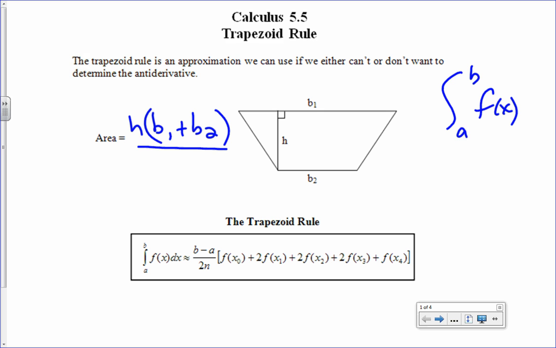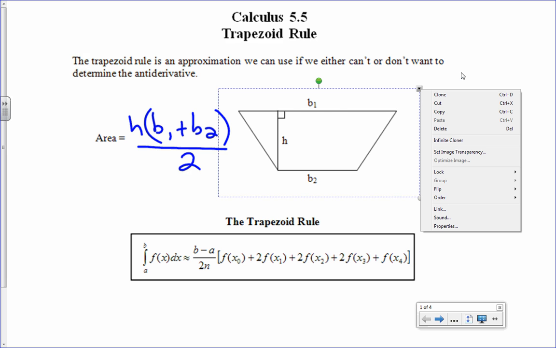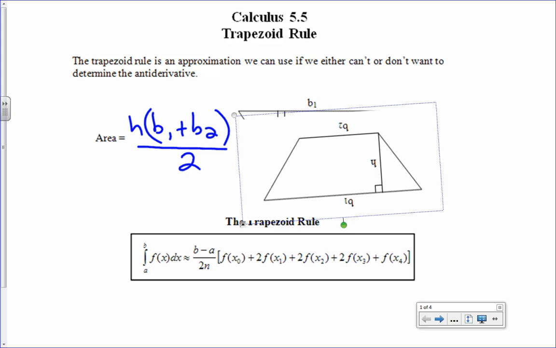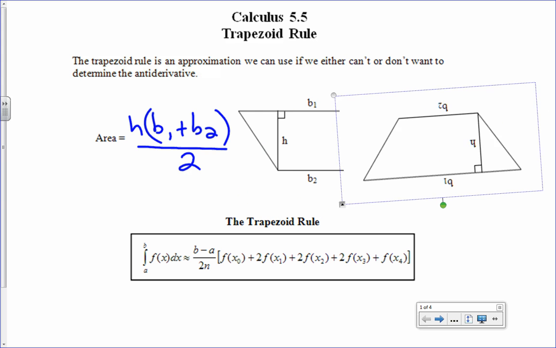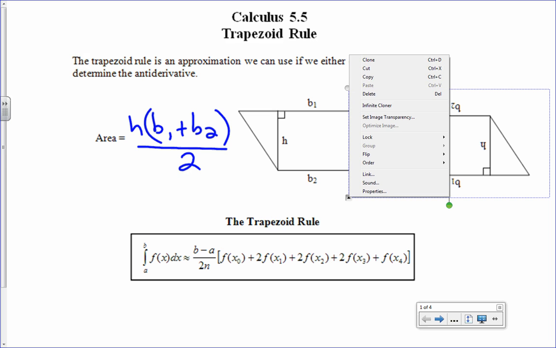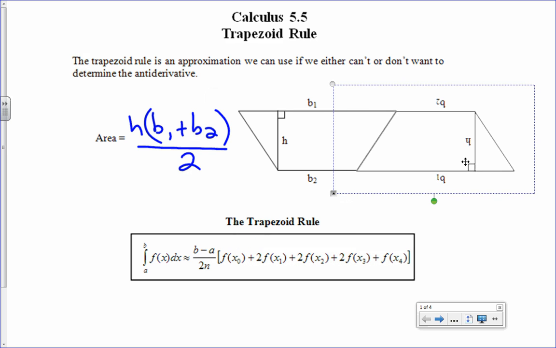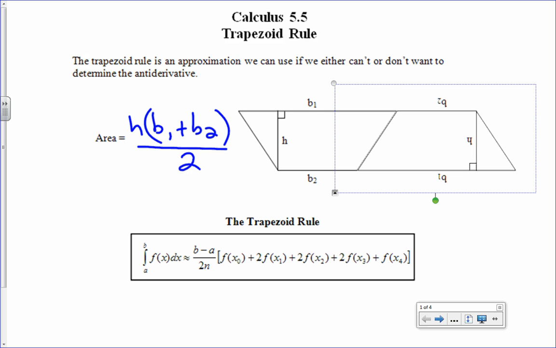Now, why is that again? Why is that actually the trapezoid formula? Anybody remember? As if I were to take another trapezoid and slide it in there, it's a parallelogram, which is base times height, correct?